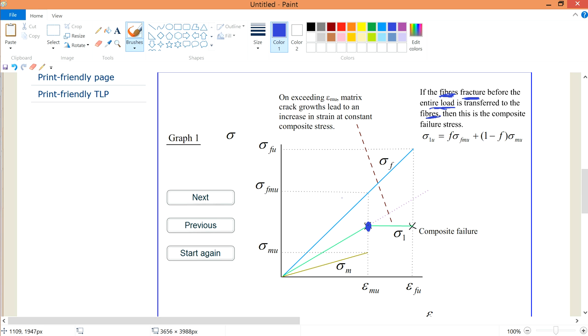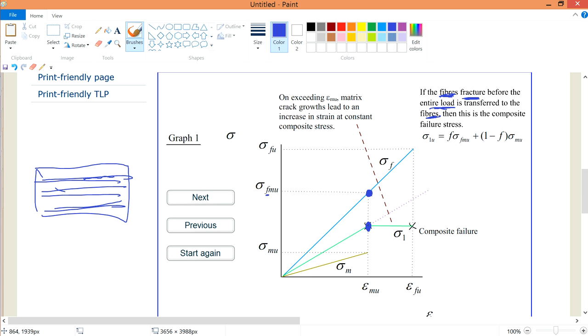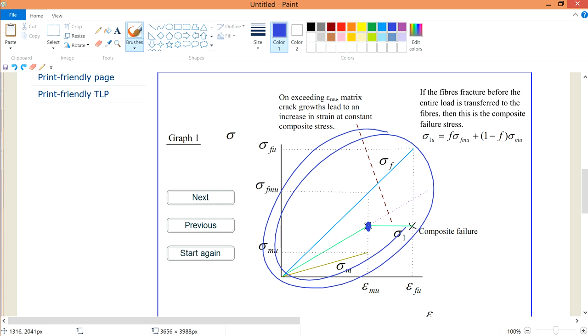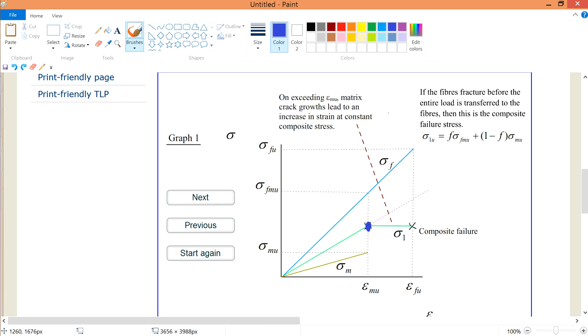What it means is that because you have a lot of fibers, some of the fibers may actually break beforehand. So over here, this may not necessarily be breaking at this point. Wait, let me take back my words. At this particular point, there are two scenarios.